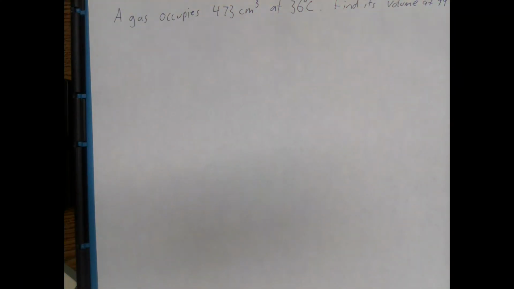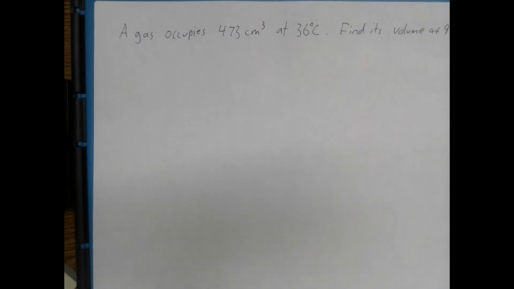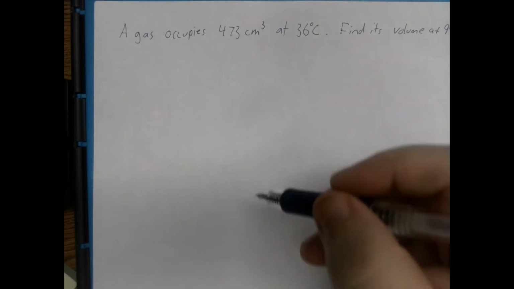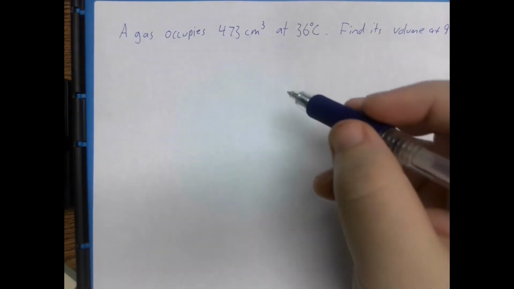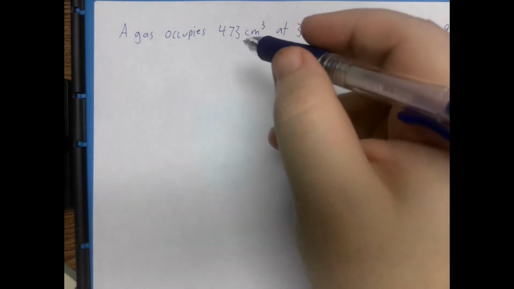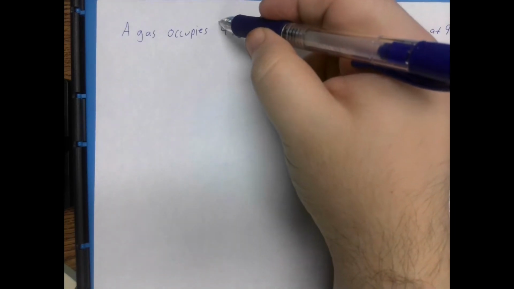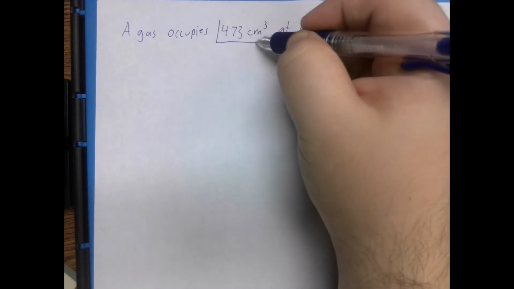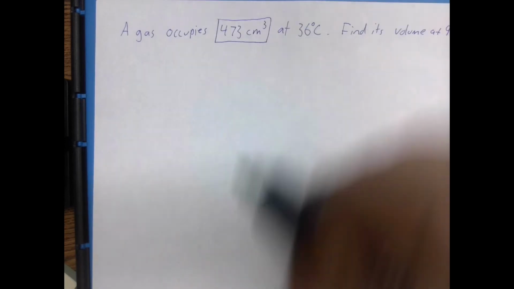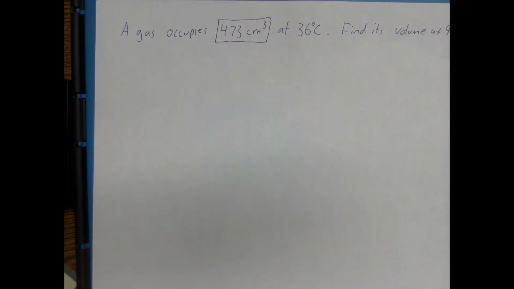So, first general step to solving physics or chemistry problems: identify variables in the equation. So a gas occupies 473 cubic centimeters. What variable is this associated with? Is that mass? Is it grams?